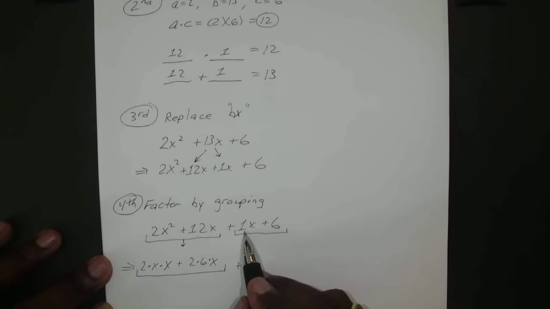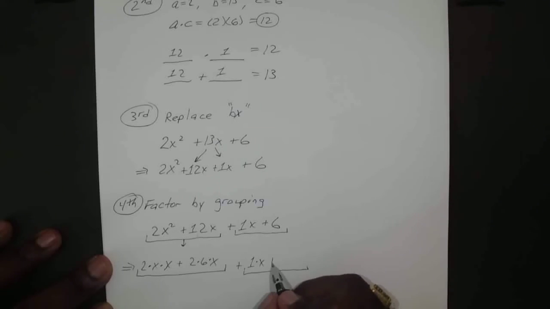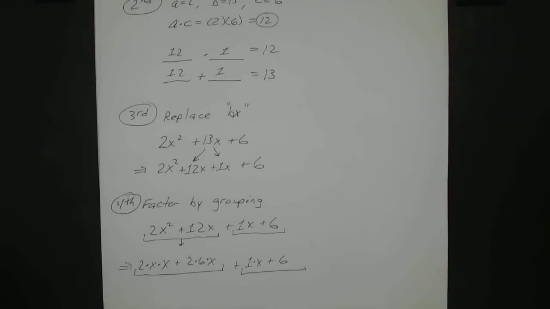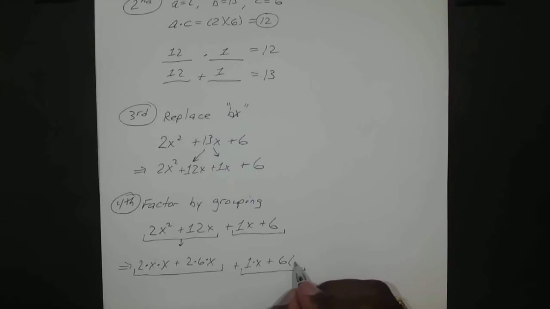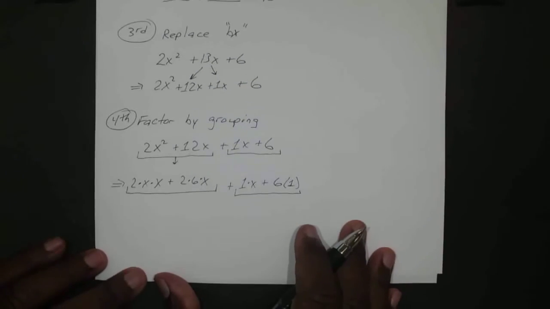Plus 1 times x, you can't really do much else with that except 1 times x, or if you just wanted to make it x, you could do that. Plus 6, or you can make it 6 times 1 if you like. Okay, I'll do that for this one just to show how adding the 1 may help a little bit.